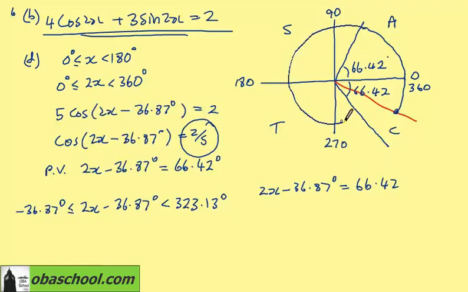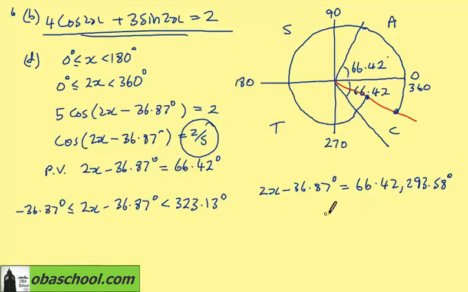We keep going, and the next solution we find is here at 360 take away 66.42, so that's 293.58. We get back to the red line here, finding no more solutions.